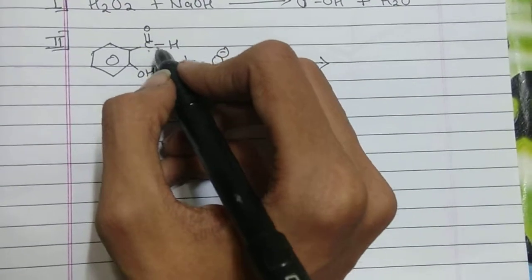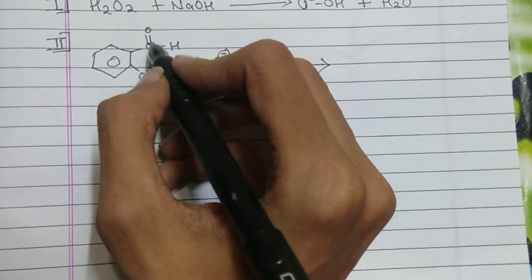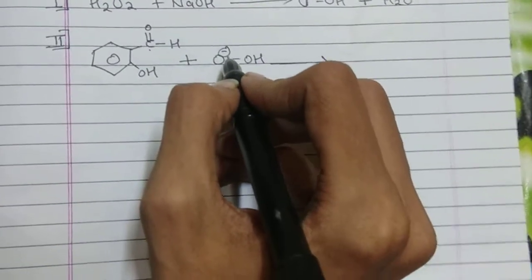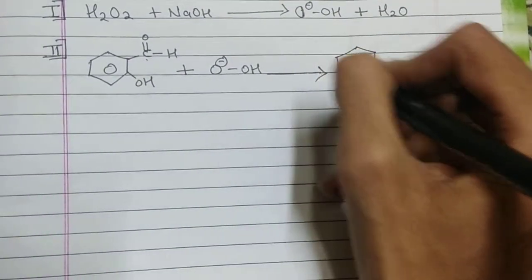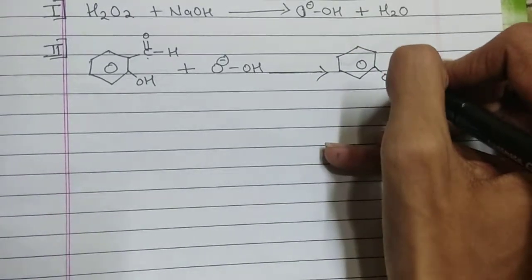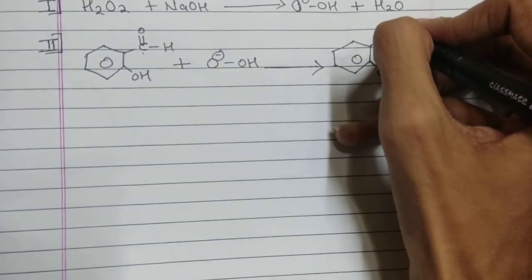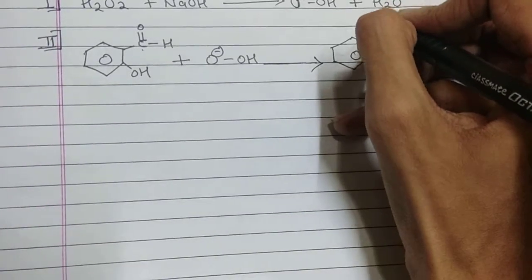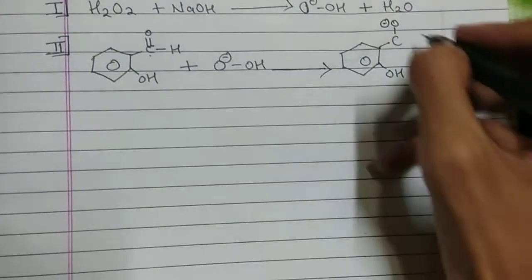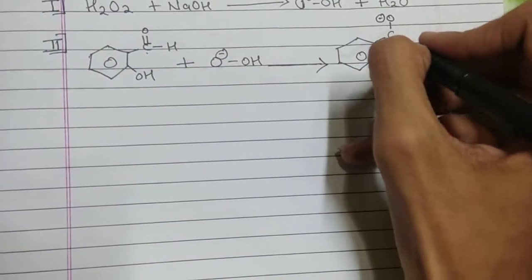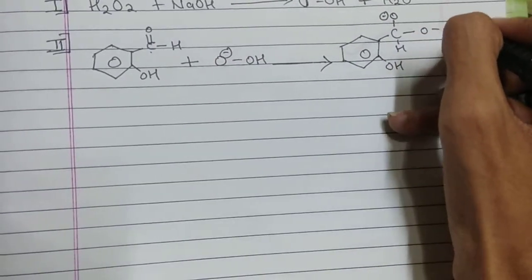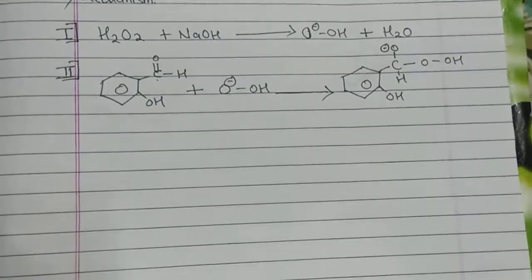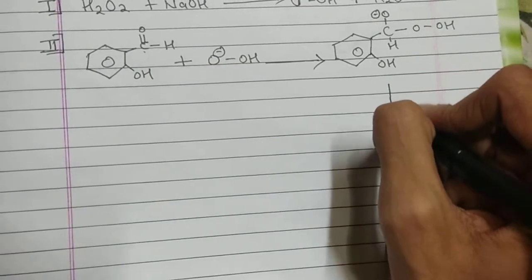So the valency of carbon will not be satisfied when this becomes a single bond. So at that point of time, this OOH will attach itself to the carbon to give something like this. So my OH will be as it is. The double bond carbon with the oxygen will become single bonded. This H will be as it is, and this OOH will attach itself over here. Okay. Now let us see the next step.